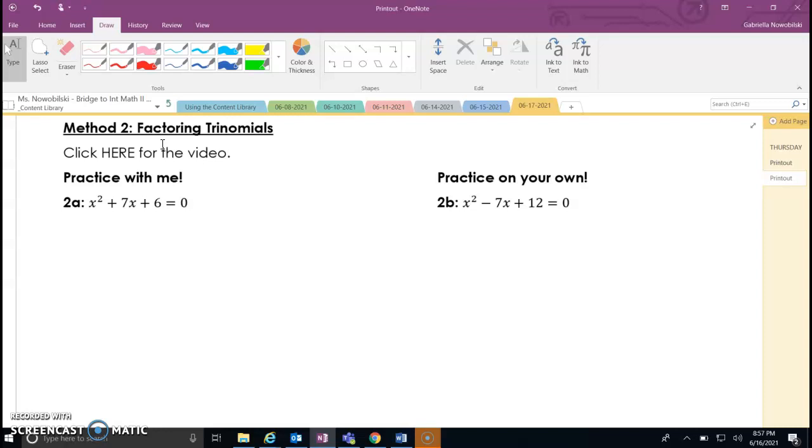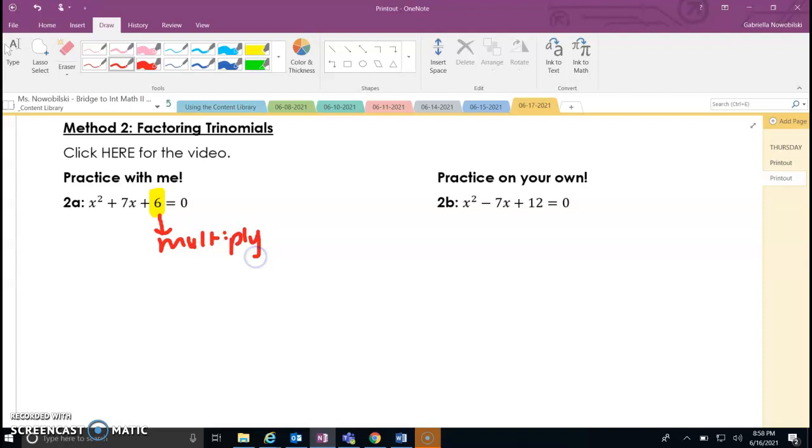Okay, so let me just run through problem 2a. You can pause at any time if I go too fast or too slow, and then you can go ahead and try 2b on your own. So there are 2 key factors for this method. This is the key here: you want to find 2 numbers that multiply to get this last number here.